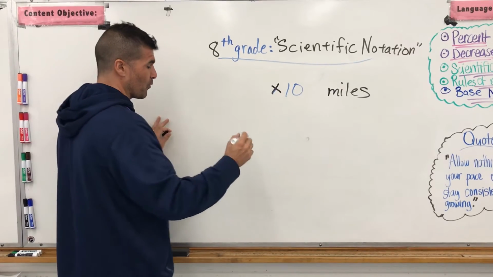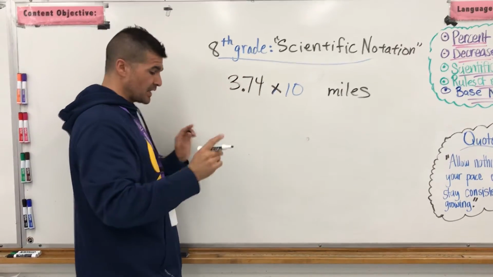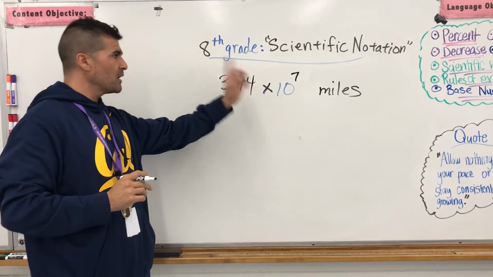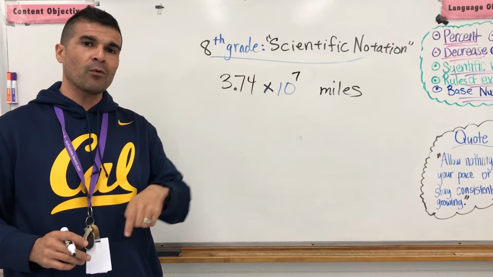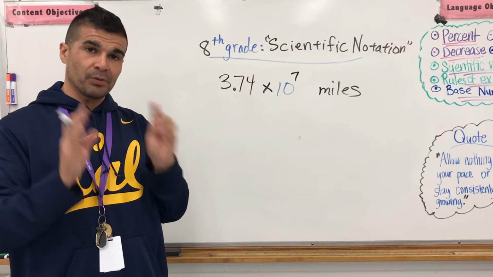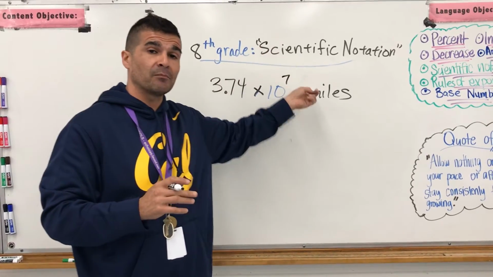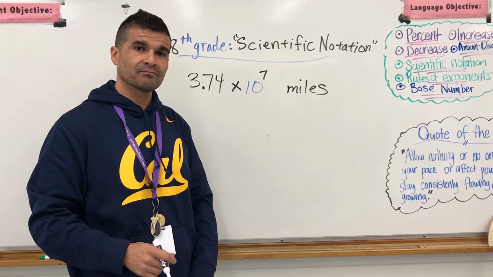What if we have a number more like this, 3 and 74 hundredths, and this is going to be times 10 to the 7th power? I want you to pause this video and see if you can get this answer and tell me how many miles this is. I'll wait for you while you put me on pause.